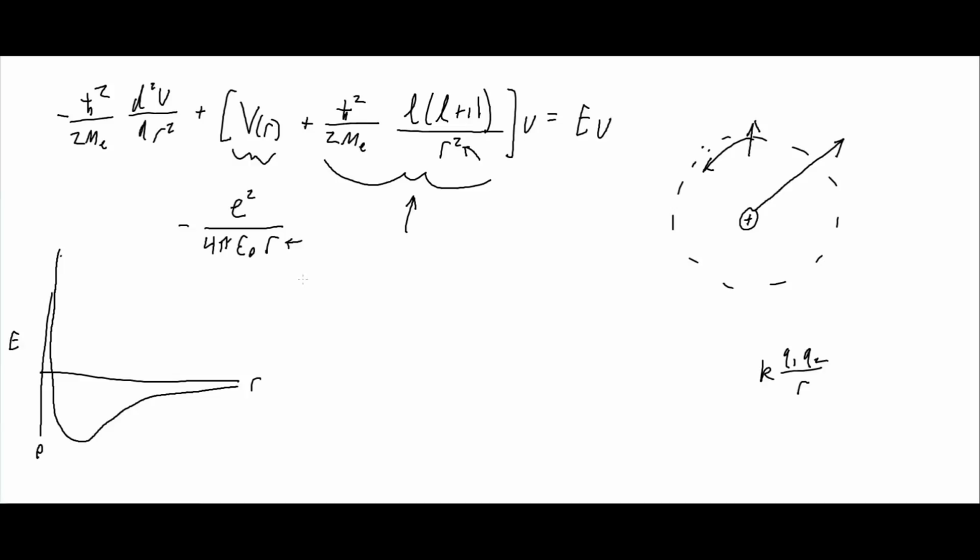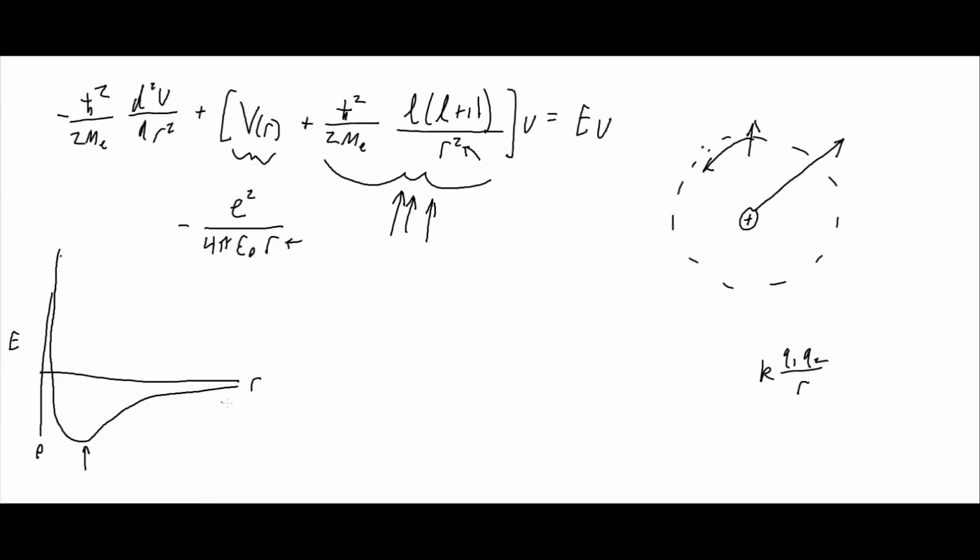As R becomes very large, this centrifugal term will tend towards zero extremely fast, and so that is our positive part. This potential here is the negative part, which is why we're in the negative right here. But this is also going to tend towards zero, though a bit slower than our positive part.